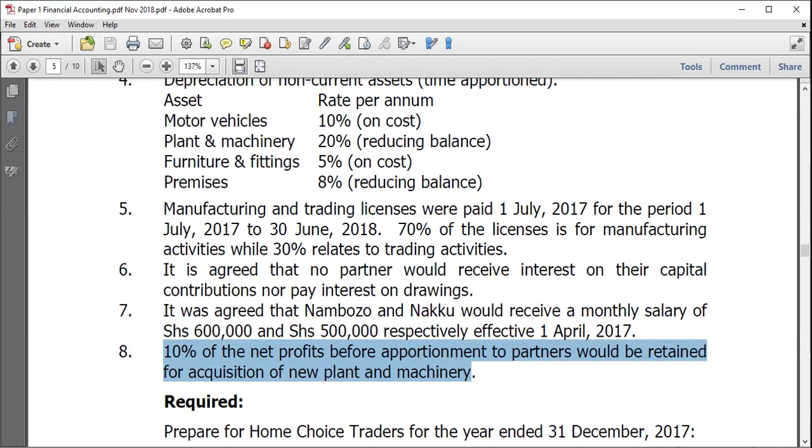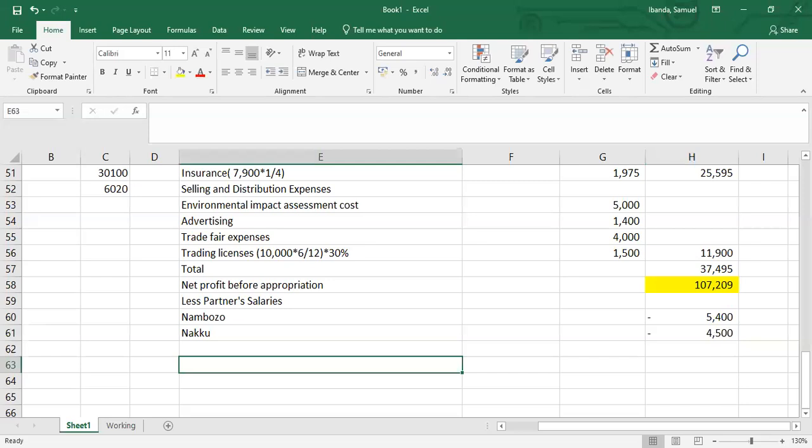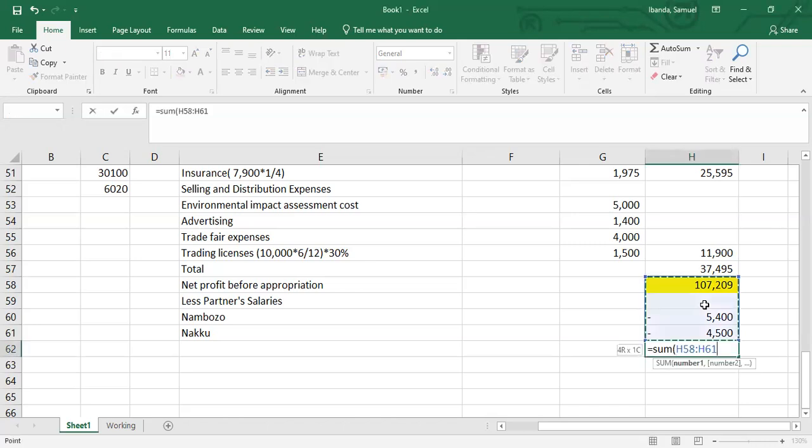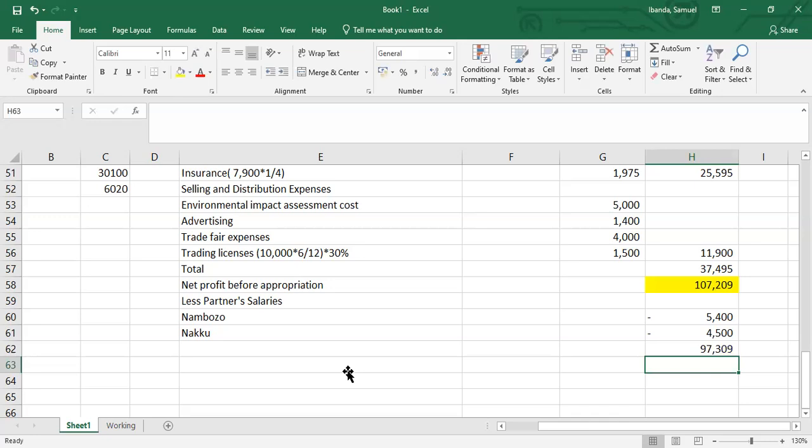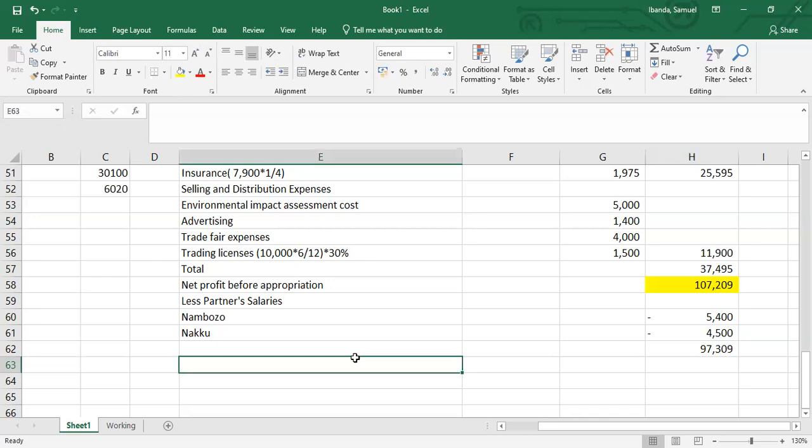Okay. So with that in mind, what we shall basically do is come here and this we are listing. I'll put a minus here as well. So what we are going to get is the profit before allocating it to this. So this will get us 97,309. So then we are now going to less the reserve for new plant and machinery.